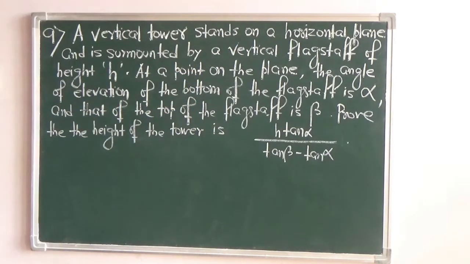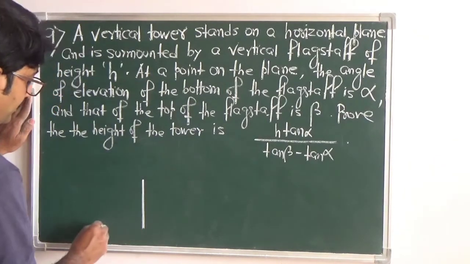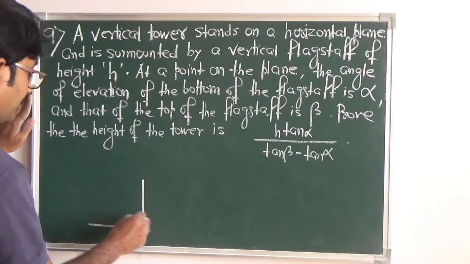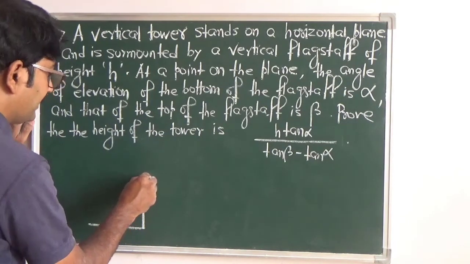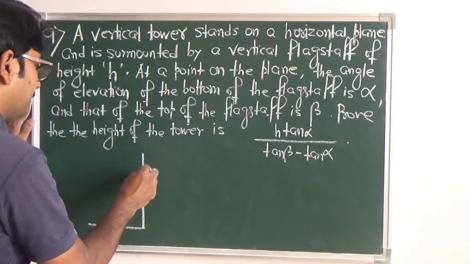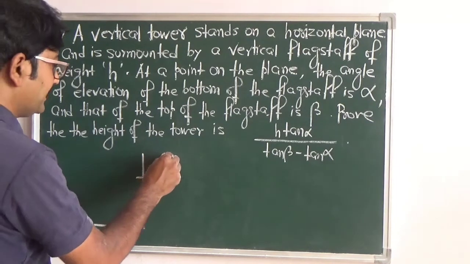Let us read it out once again. A vertical tower stands on a horizontal plane and is surmounted by a vertical flagstaff. Now first of all, this is the vertical tower. This is the ground. Now at the top of the tower a flagstaff is here. The height of this flagstaff is h.